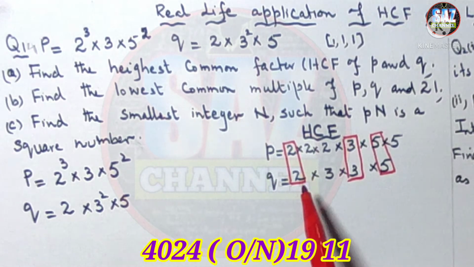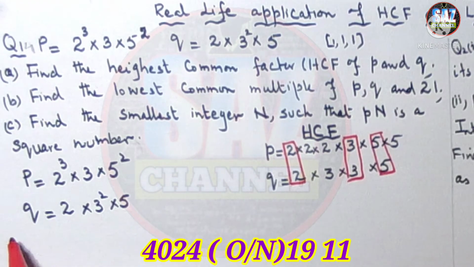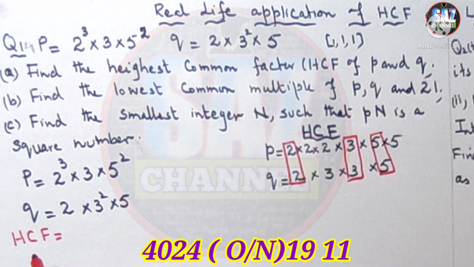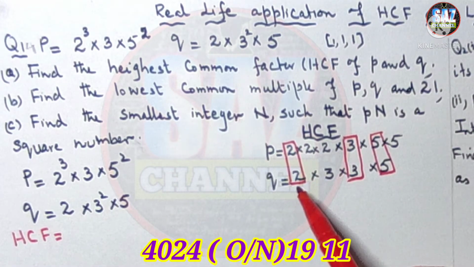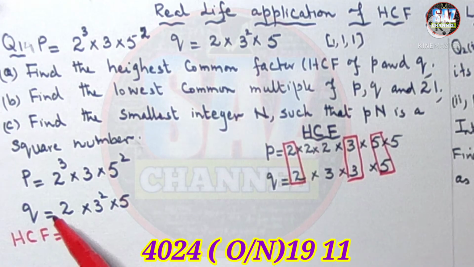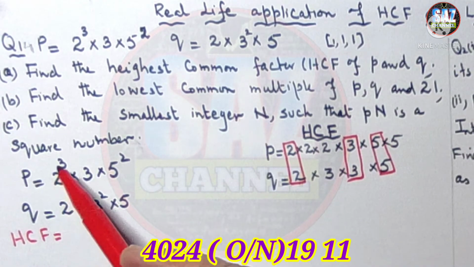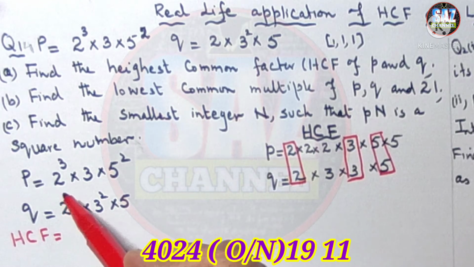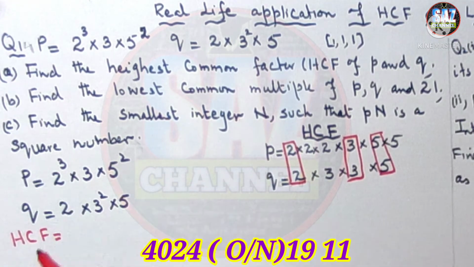Now as we are in the big class, O level, we are not supposed to do it that way. In the beginning you can, but now look at the numbers and the powers, and through observation as well. When there is no power, it means that there is an understood power 1, and 2 raised to power 3 and 2 raised to power 1.